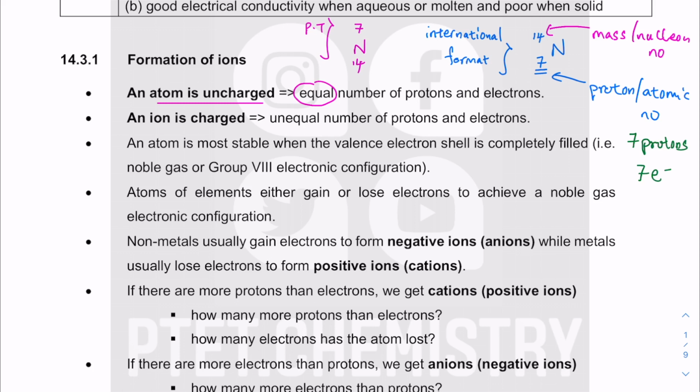In terms of the number of neutrons, the number of neutrons is equal to the nucleon number minus the proton number. Nucleon is the proton and the neutron in the nucleus of an atom. If you know the nucleon number, you take away how many protons there are, you will get the number of neutrons. So the number of neutrons equals the nucleon or mass number, which in this case is 14, minus the proton number, so there are 7 neutrons.